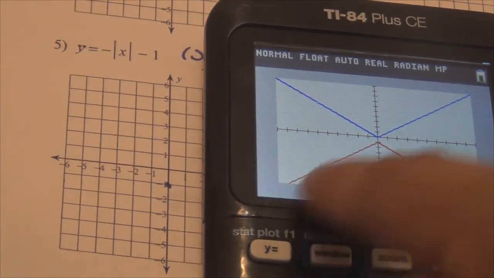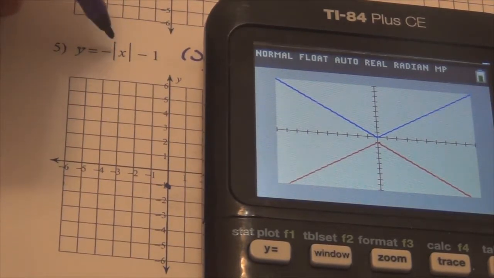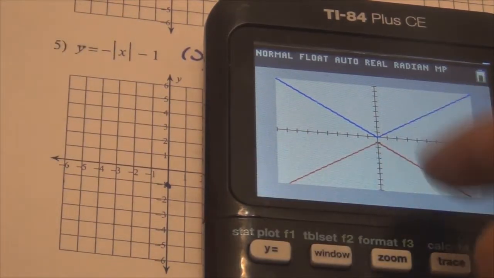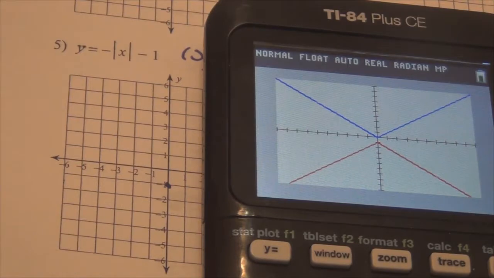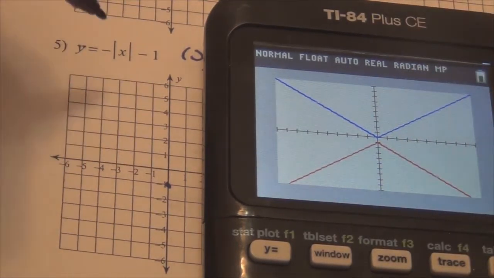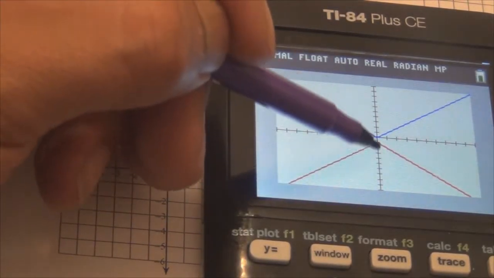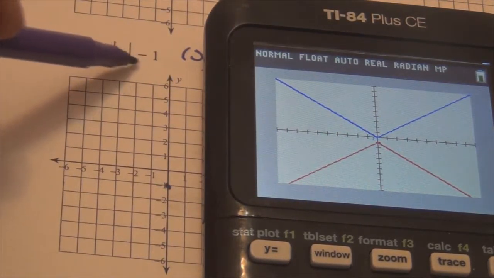Yes, the sign outside the absolute value is negative. So that means the same thing as with the parabolas: it's a reflection over the x-axis. And I told you that the vertex was going to be at 0, -1 because it's right here.